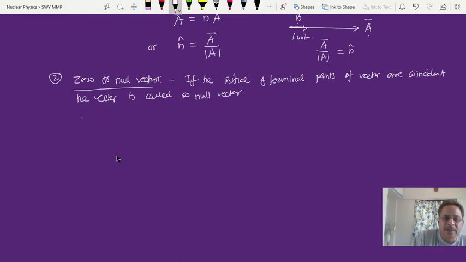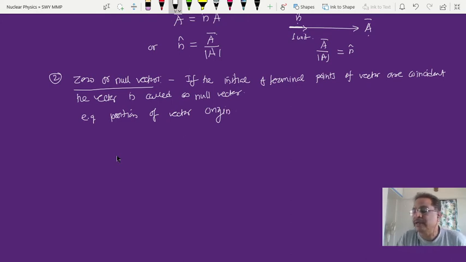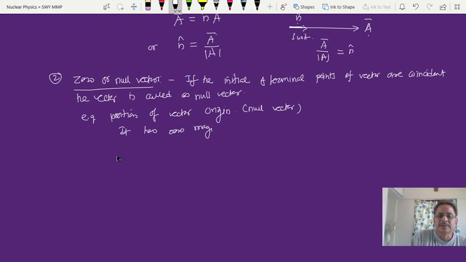For example, the position vector of the origin is a null vector. It has zero magnitude and no direction. So this is the second property of vectors, the zero or null vector.